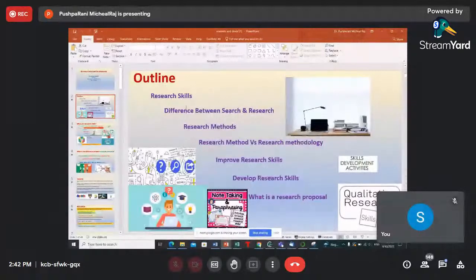Once we know all these definitions, how we can improve our research skills, and how we can develop them. We already talked about what a research proposal is and how we can write our research proposal presentation. I'm not going to touch that. So let's move on to what research skills are.